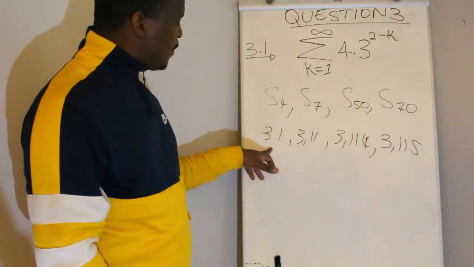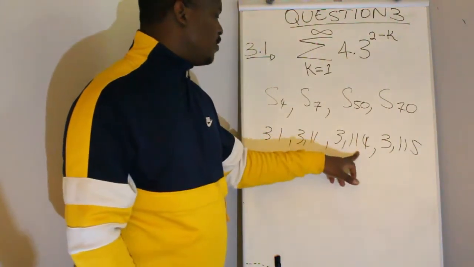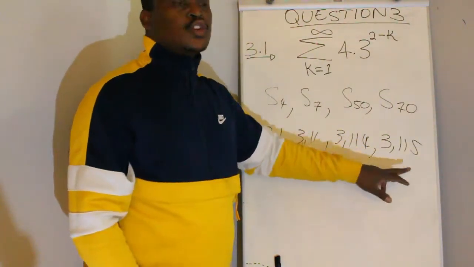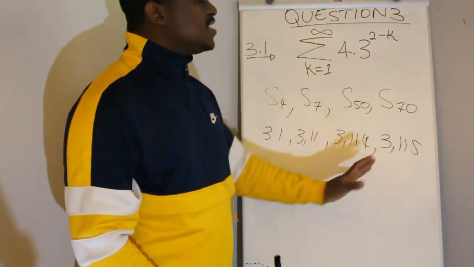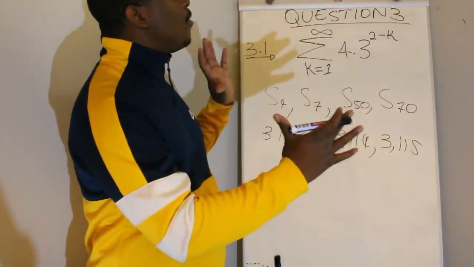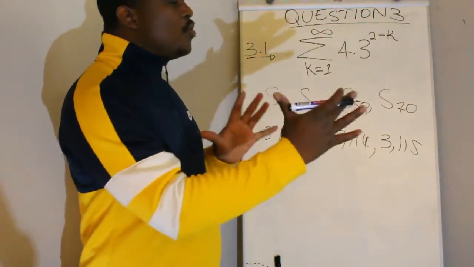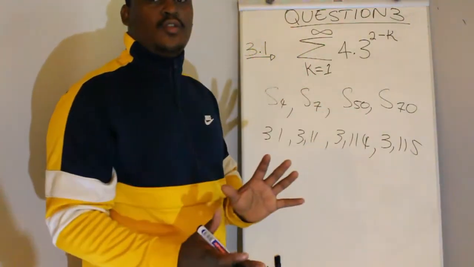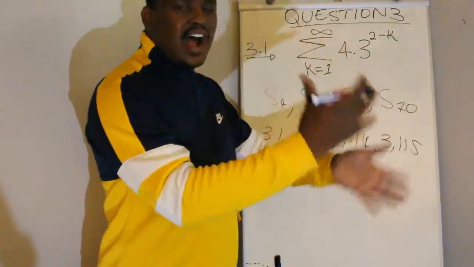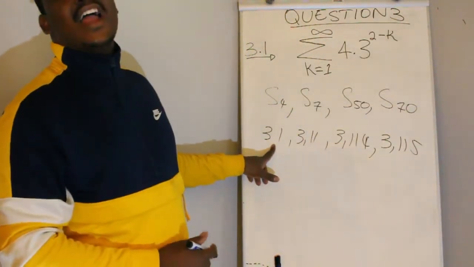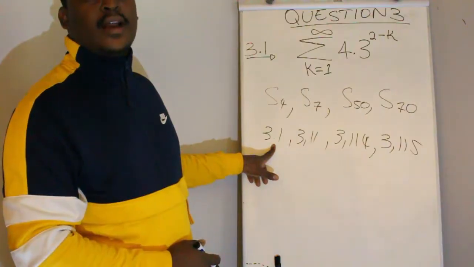Because you can see you have 3.1, 3.11, 3.114, 3.115. So whatever number of terms of this series you want to add, you will see that they will be adding up to, or getting closer to, a specific value. So in this case, they're adding up to around 3.1.